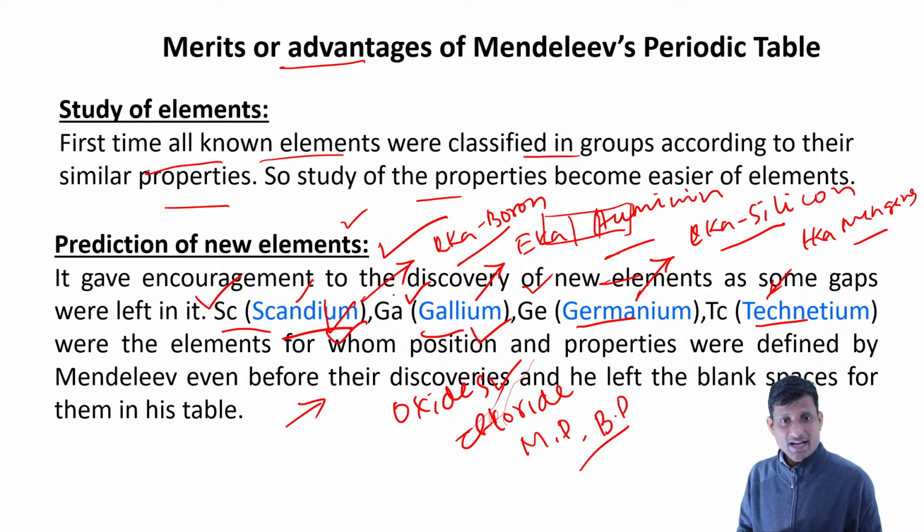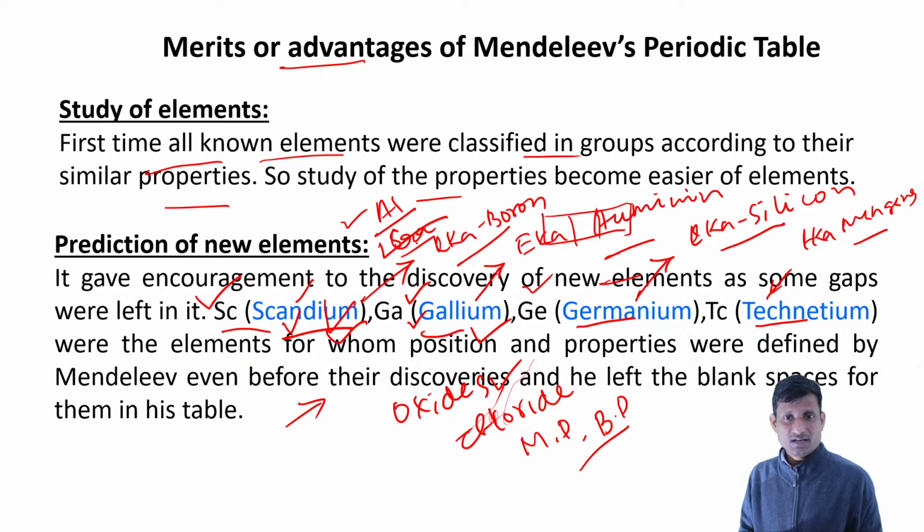Now if you see, this is scandium and this is gallium, which belongs to eka aluminium. It is the next period in the aluminium group, so this will be your gallium.